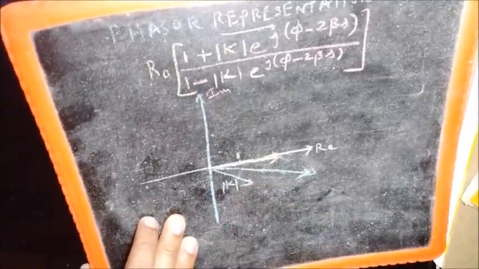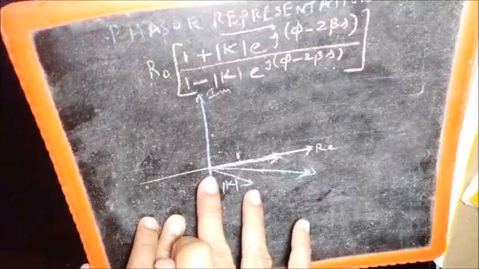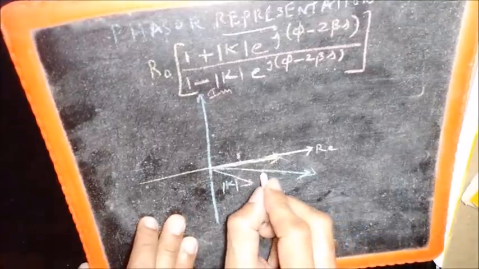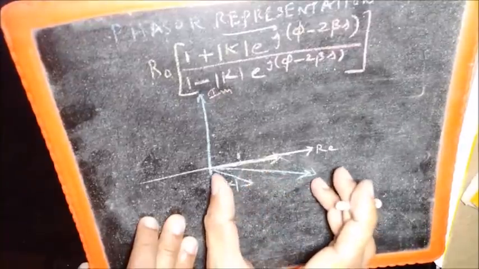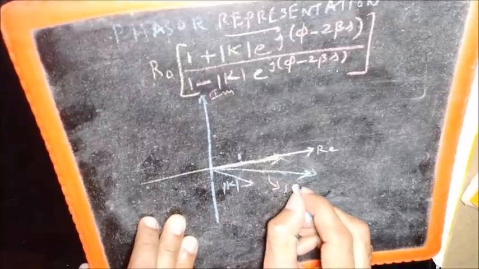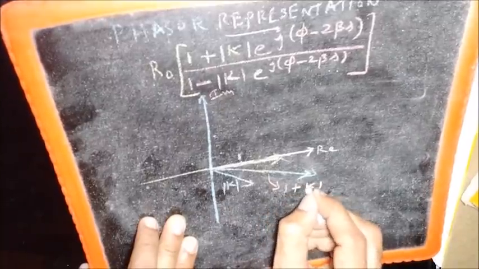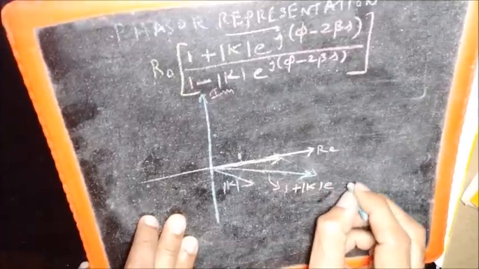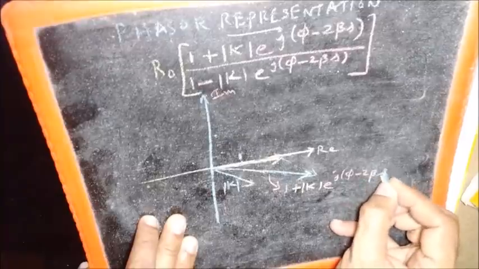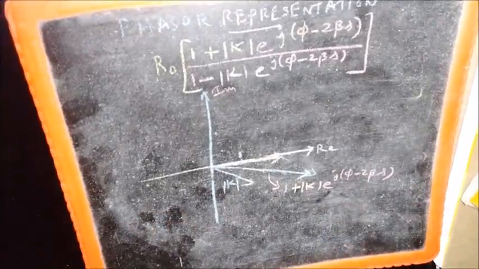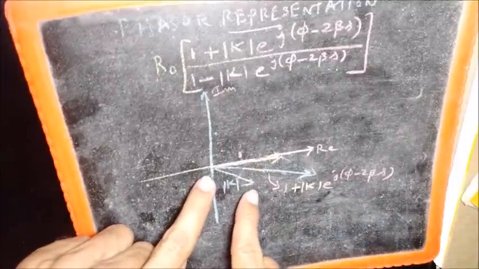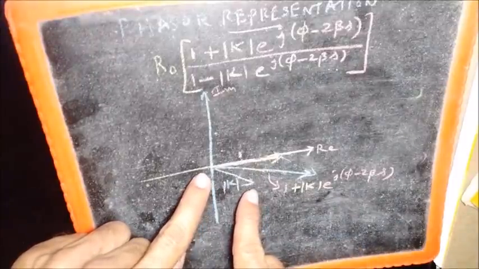So remember, this is k e raised to j phi minus 2 beta s, and this is 1. So the sum of the two is here, which means that this is the phasor which actually appears in the numerator.